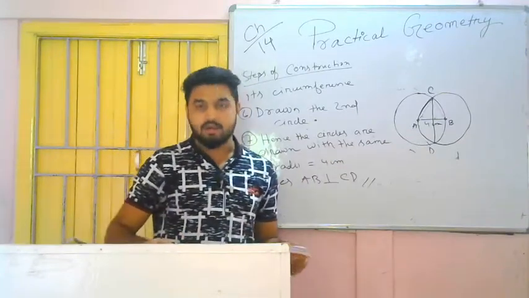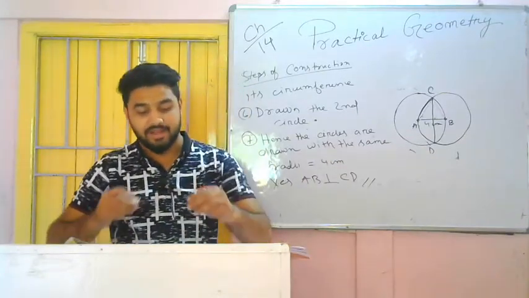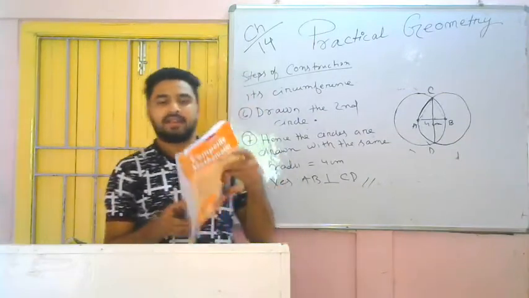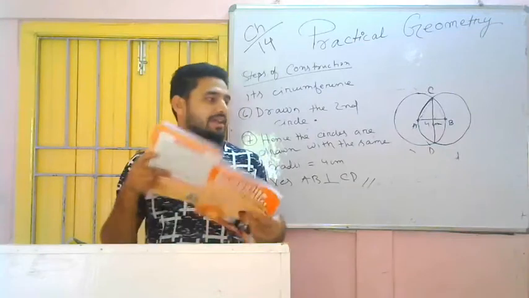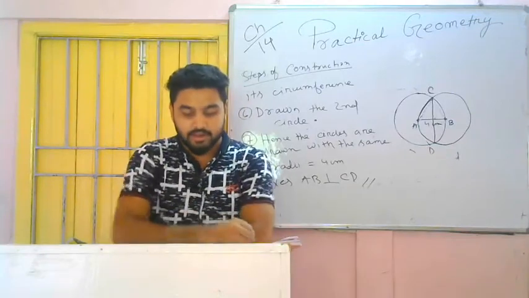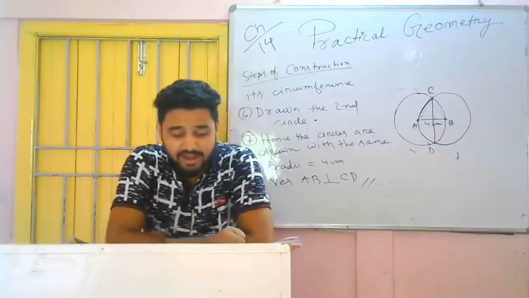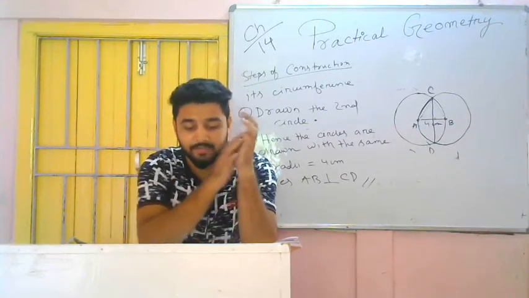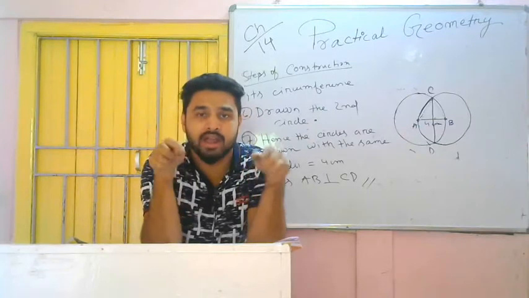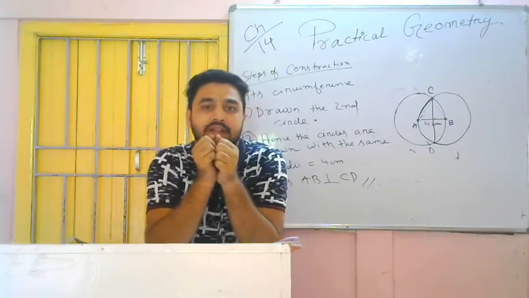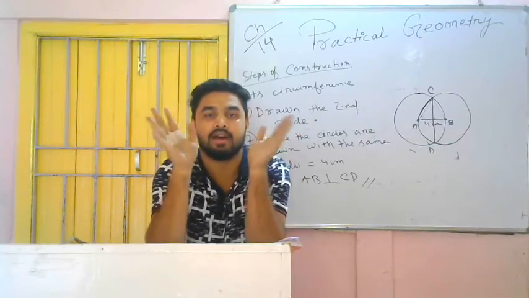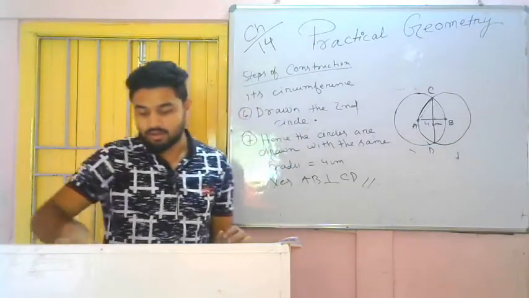Now come to question number 5. You see question number 5, the answer is already given. I will make you understand. Divide a circular region into 6 equal sectors. That means first we have to draw a circle, and after that divide the circle into 6 equal regions.